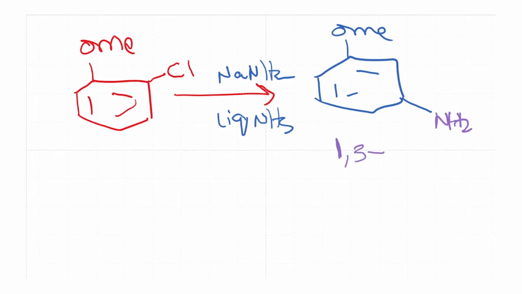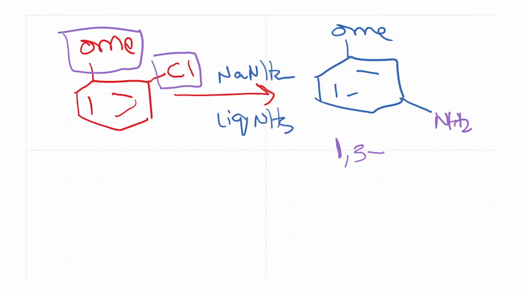Here you start with the methoxy at 1 position and chloro at the 2 position, but you end up with methoxy at 1 position and amino group at the 3 position. So this is another piece of evidence that suggests that the benzyne mechanism is actually in play.